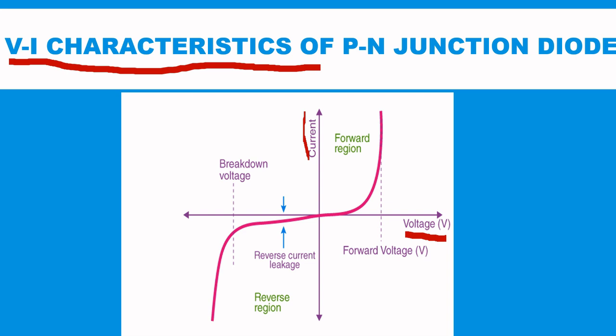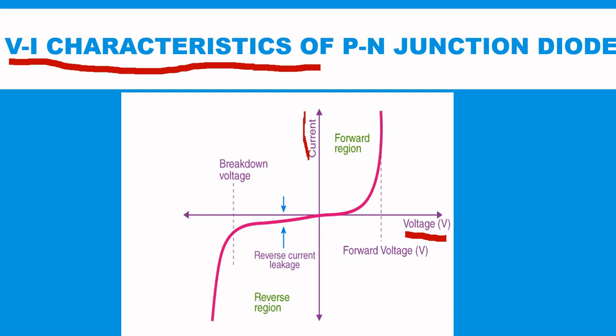When the PN junction diode is in zero bias condition, there is no external voltage applied, and this means that the potential barrier at the junction does not allow the flow of current. When the PN junction diode is in forward bias condition, that means P type is connected to the positive terminal, N is connected to the negative terminal of the external voltage.